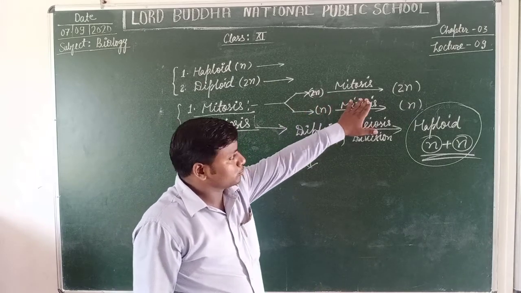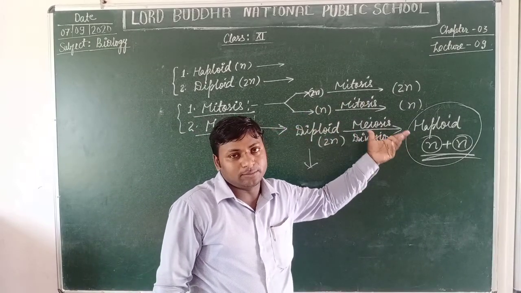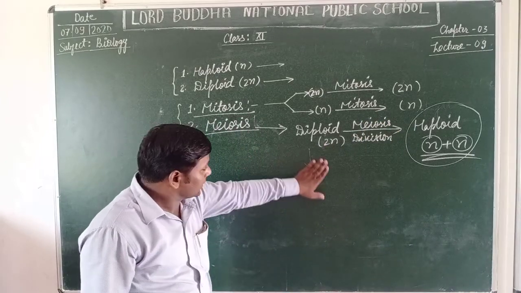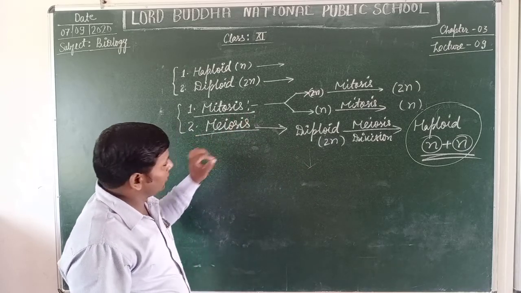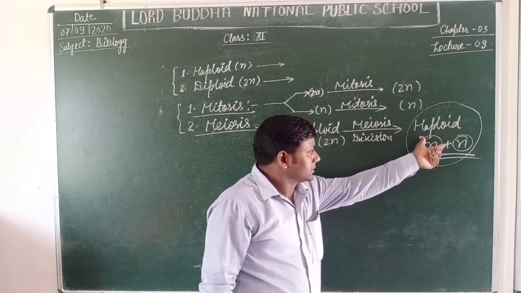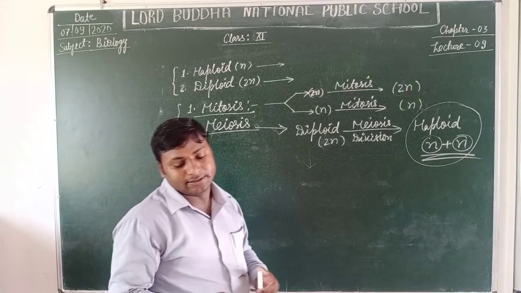Mitosis forms the xerox or copies or clones of the parent cells, whereas meiosis forms new daughter cells which may be dissimilar to the parent cells.